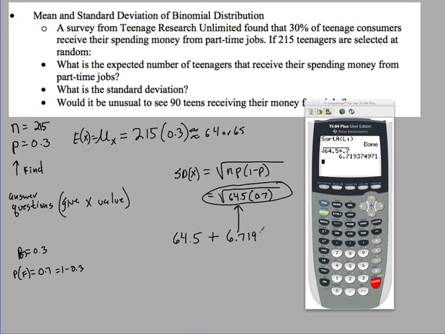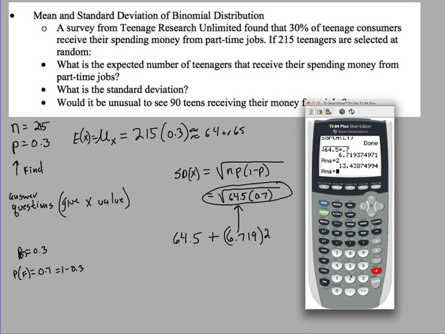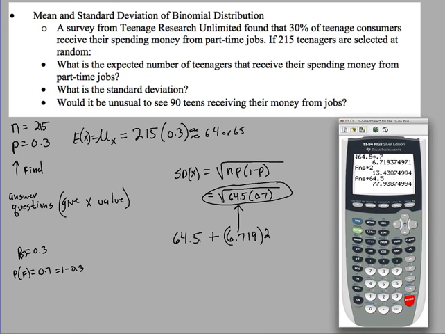So this number is 6.719. What I want to do is multiply this number by 2. That's 2 standard deviations away. And then I'm going to add 64.5. Then I'm going to compare this number to 90. We did this before.